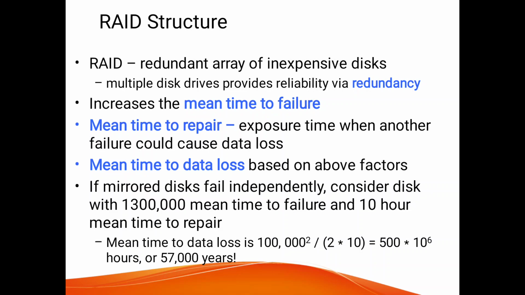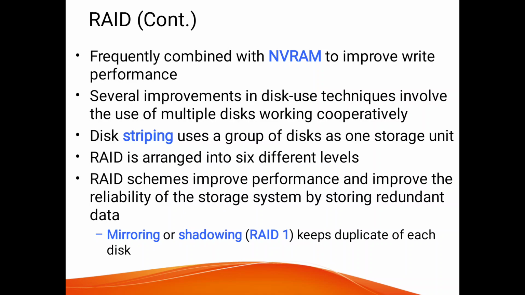It also has to consider the mean time to repair and mean time to data loss, and is frequently combined with NVRAM to improve write performance. Several important disk use techniques involve the use of multiple disks working cooperatively.